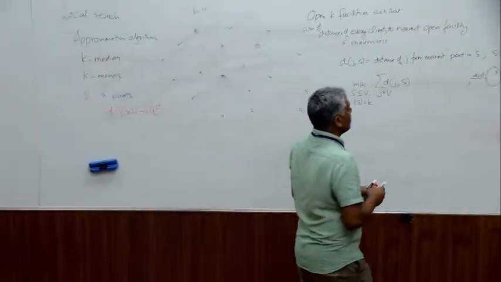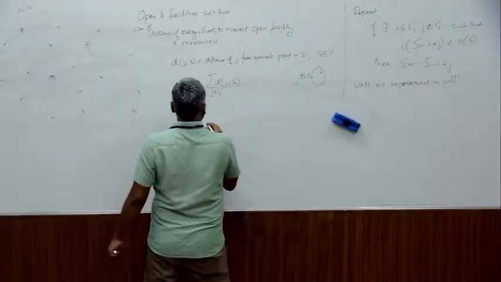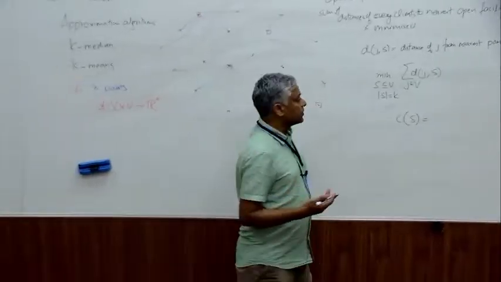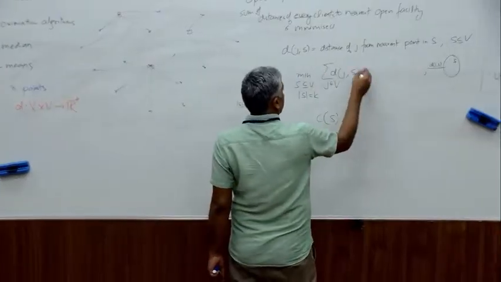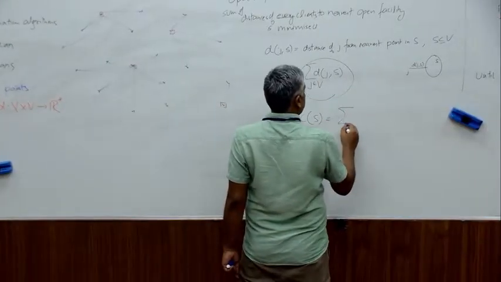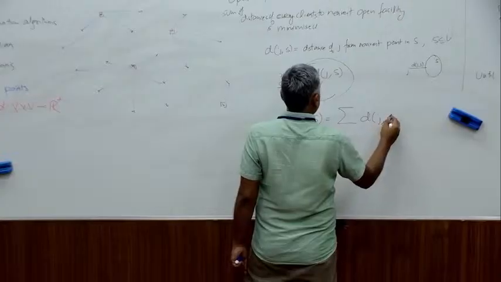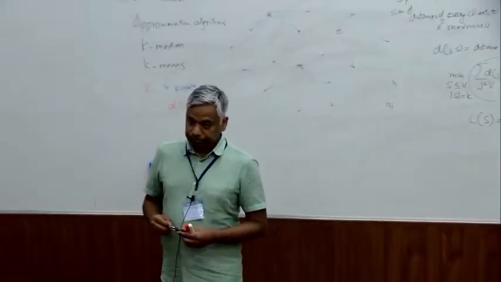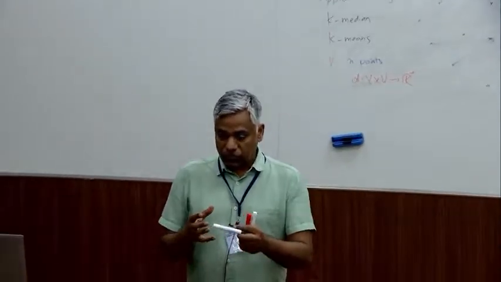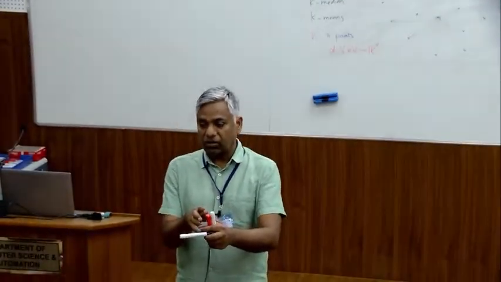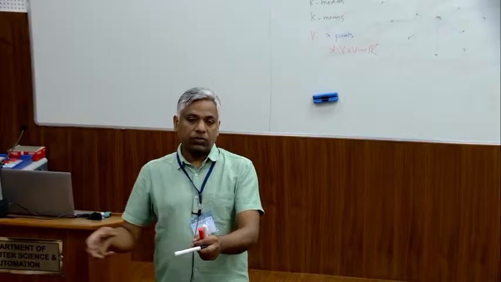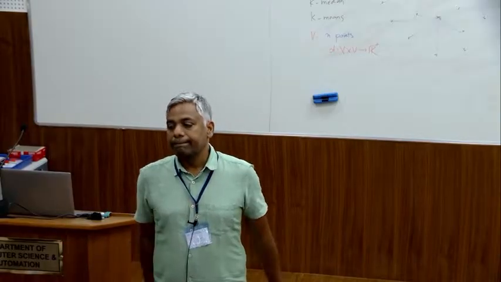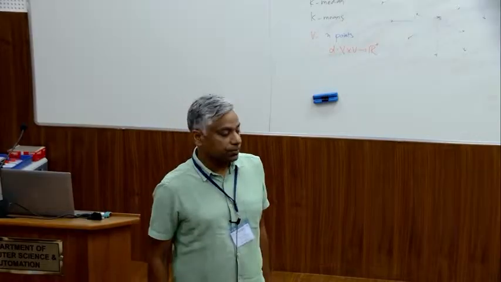What is C of S? Cost of the set S. If I have a set of facilities, I'll call the cost of that set the sum of the distances of all the points to this set. And I want a set with the minimum cost.